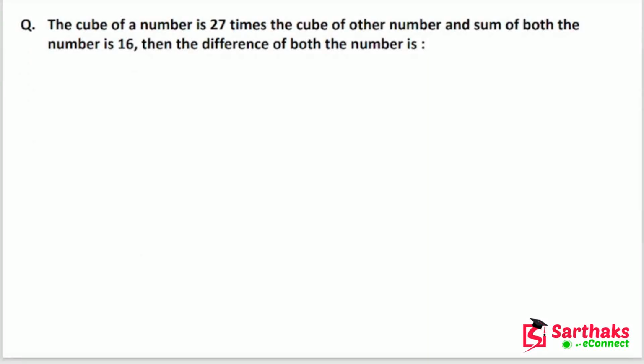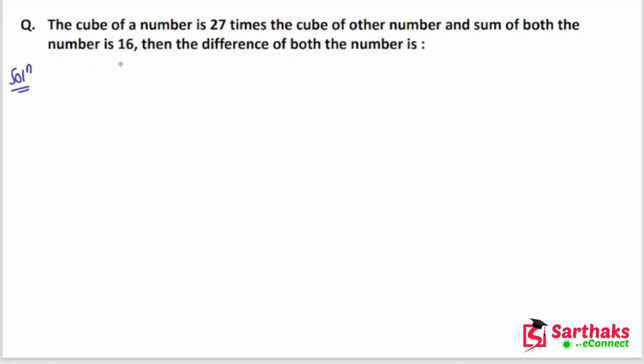Now this says the cube of a number is 27 times the cube of another number, and the sum of both the numbers is 16. Then we have to calculate the difference of both the numbers. Since you are talking about two numbers, always take one to be greater and the other to be less.